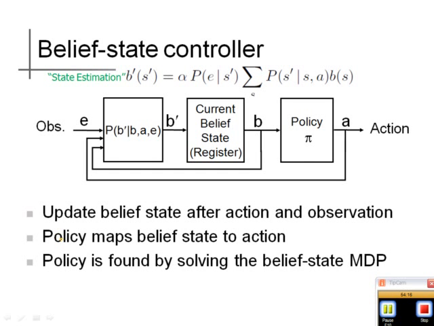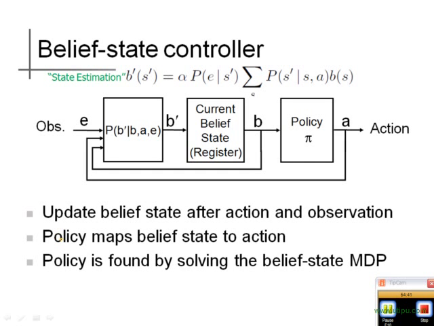So what you essentially then will compute is P(B' | B, A, E). So what's the probability that you will be in belief state B' given that you were in belief state B and did action A and got observation E. Based on that, you essentially now know what your B' is.